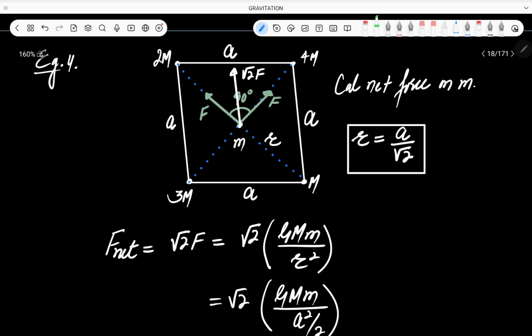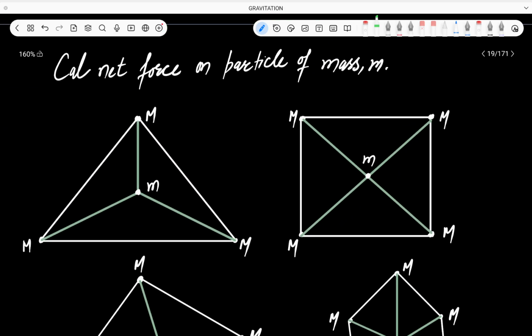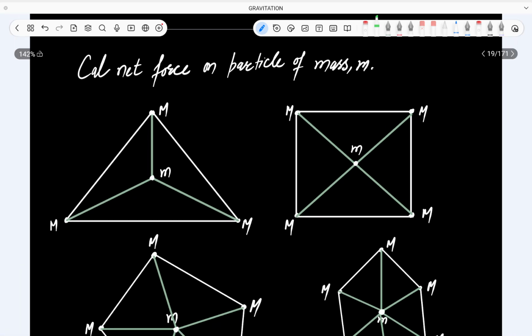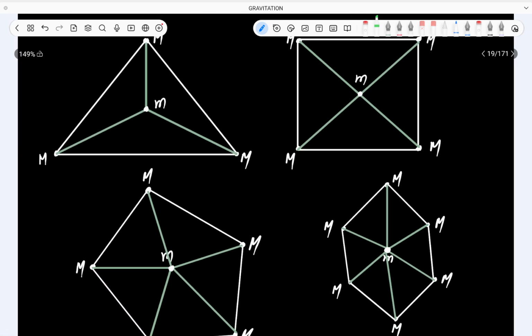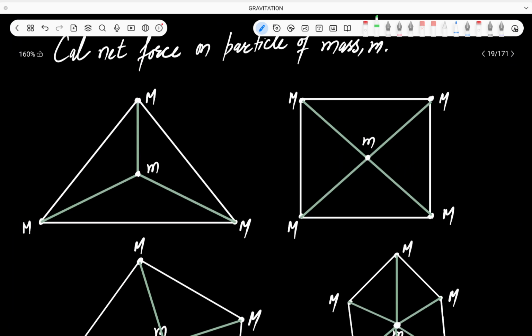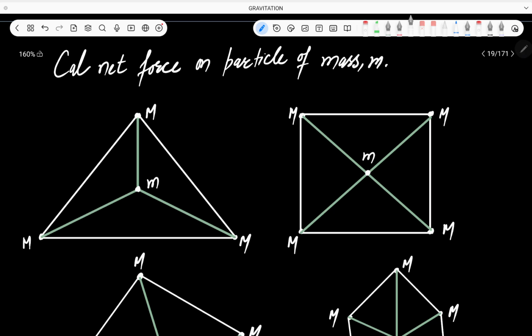Again, an important question. Let's move to another question. This is a series of questions like this. अब क्वेश्चन है क्या, देख ले आप. एग्जाम्पल नंबर 1 is, first of all, there are 3 identical particles placed at the 3 corners of an equilateral triangle. At the centroid of this triangle, another particle is placed.